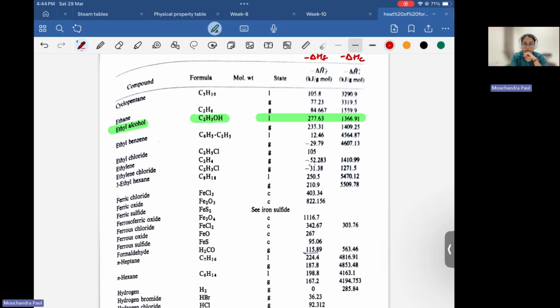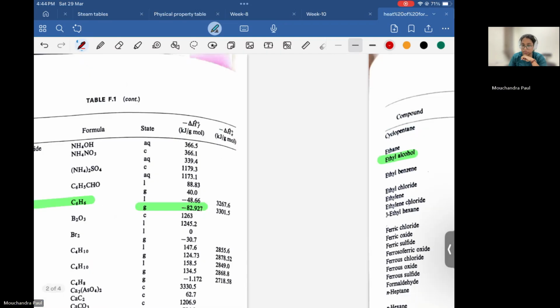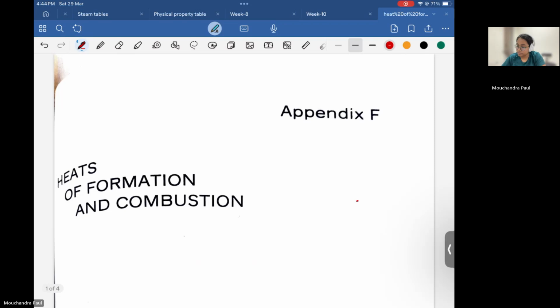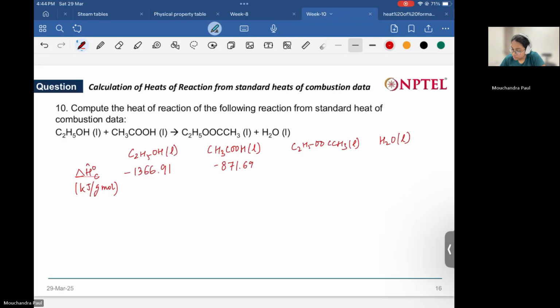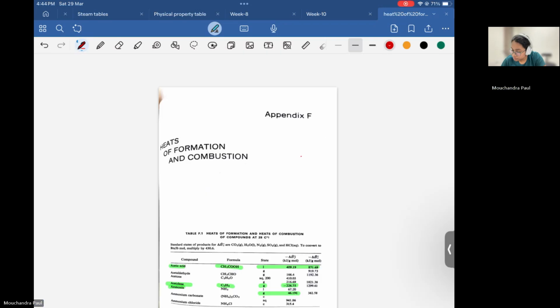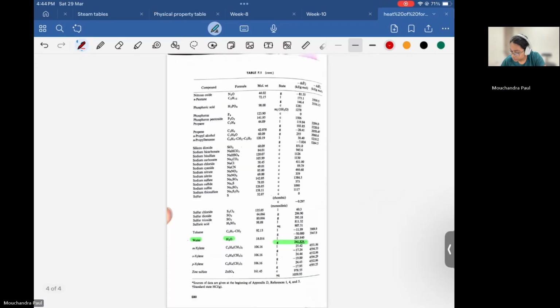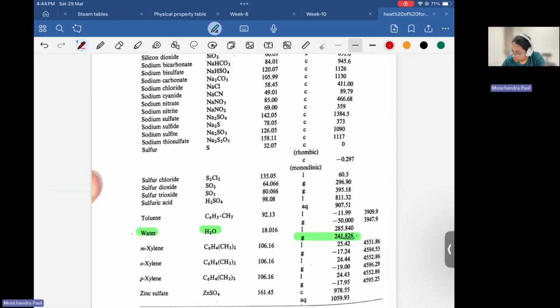So I just quickly searched the internet and I found the heat of combustion of ethyl acetate is minus 2228, right? And for water, the heat of combustion is 0, right?